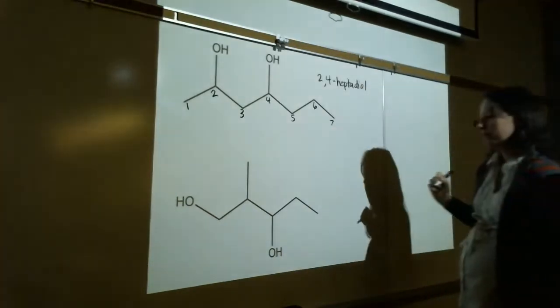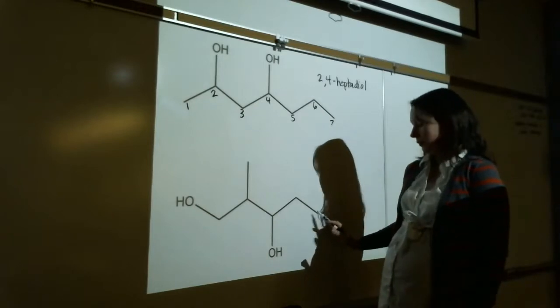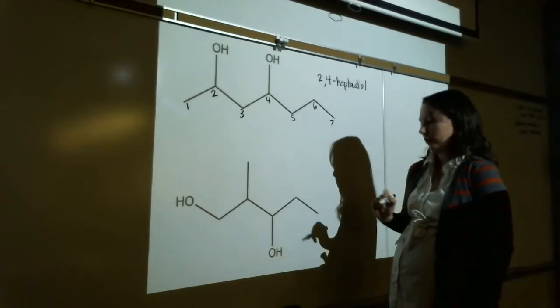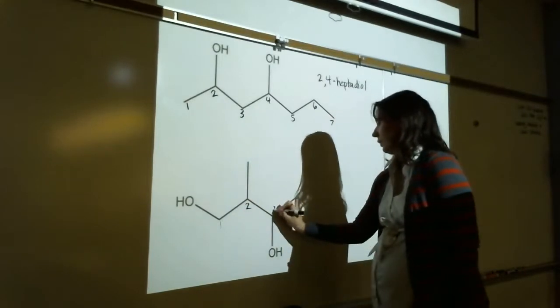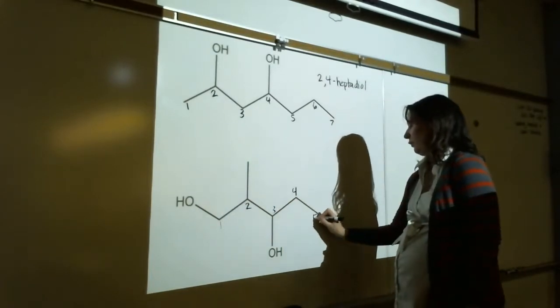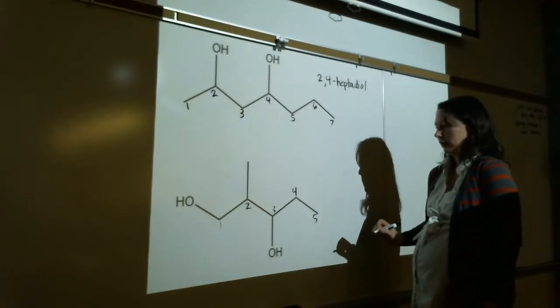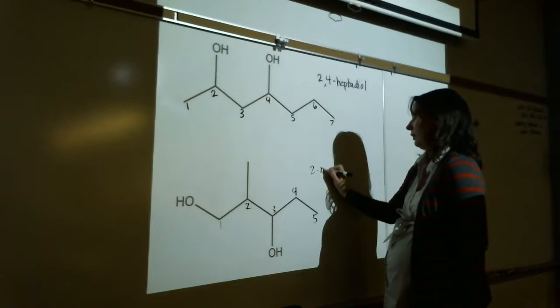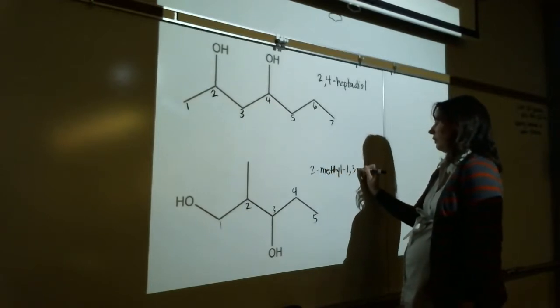Good. And then here, which way do we number? From the right or from the left? From the left. So 1, 2, 3, 4, 5. So this would be what? 2-methyl, 1,3-pentanediol.